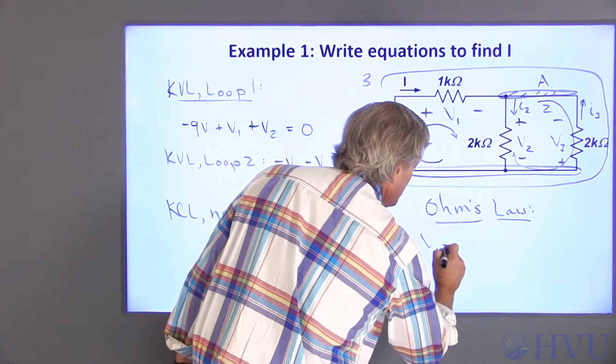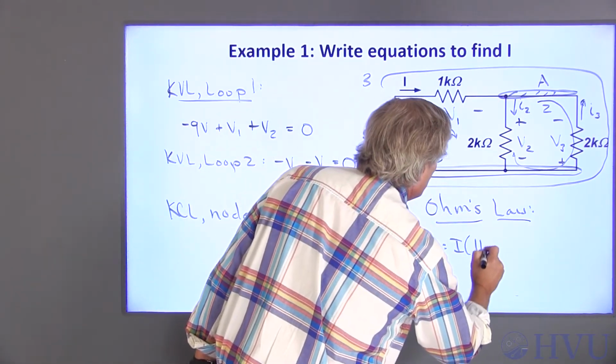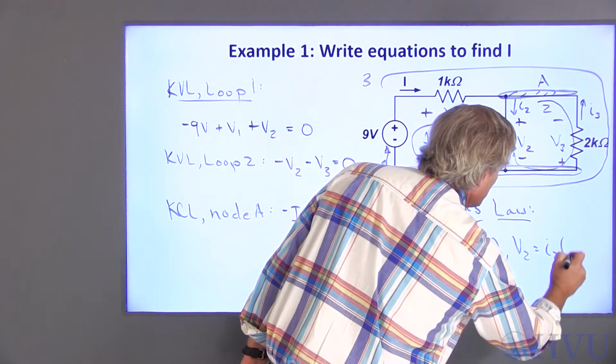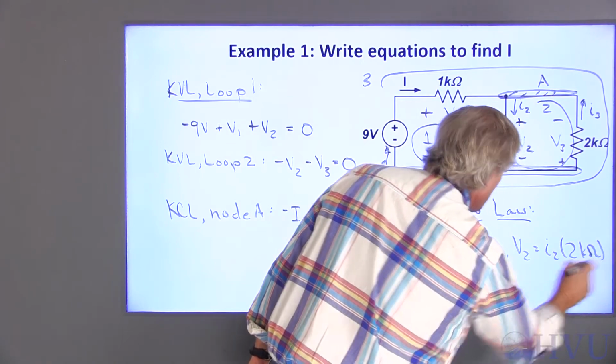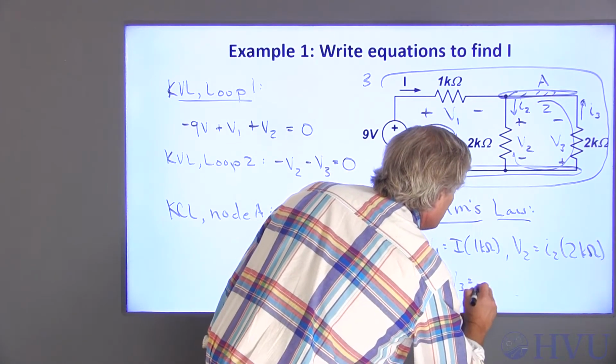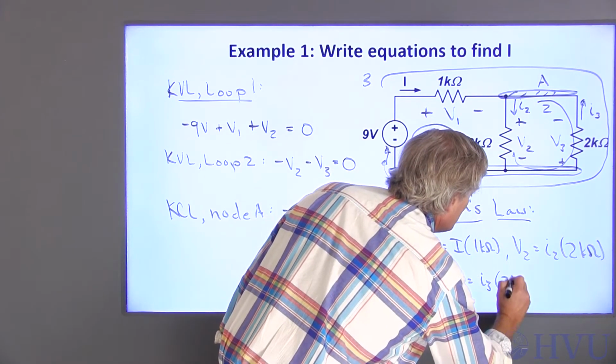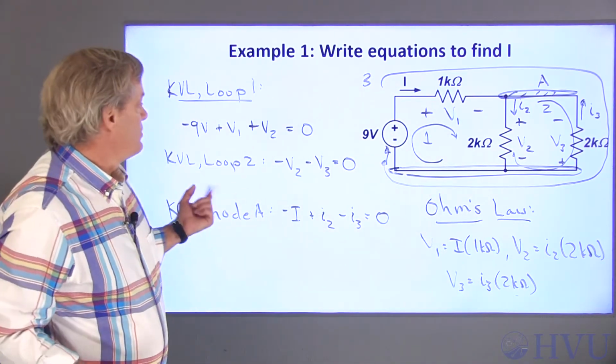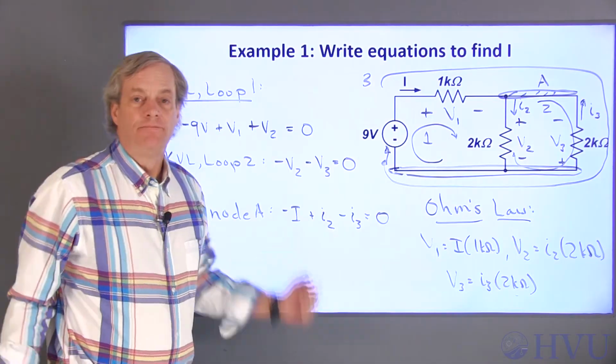So V1 is equal to I times 1 kilo ohm. V2 is equal to I2 times 2 kilo ohms. And V3 is equal to I3 times 2 kilo ohms. Now I have 6 equations and 6 unknowns which I can solve to determine I.